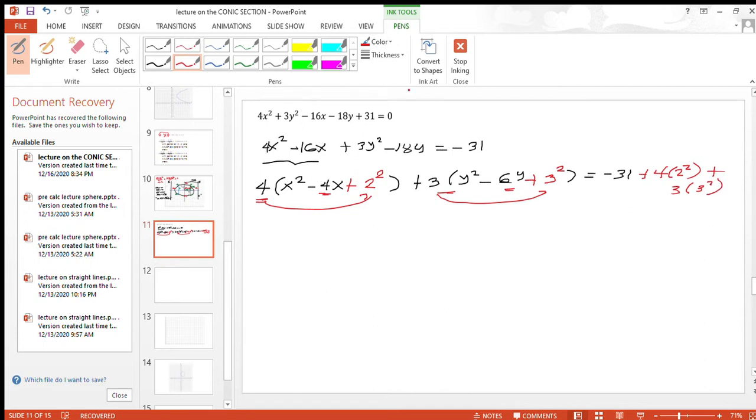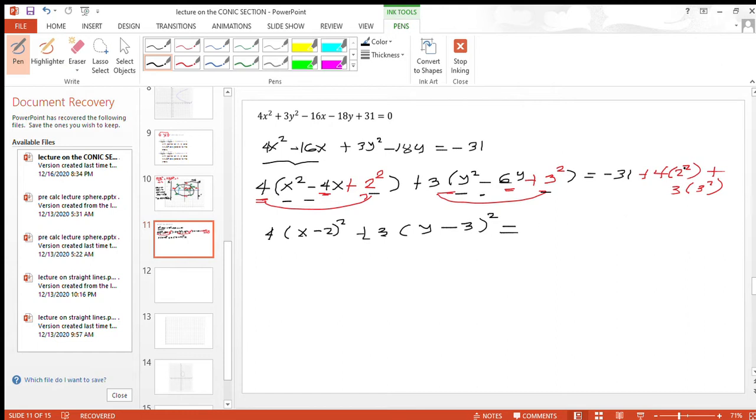Then after completing the squares, we proceed now with factoring. So this will be 4 multiplied by x minus 2, the quantity squared, copy base, copy sign, copy base, everything raised to 2, plus 3, we again factor, copy base, copy sign, copy base, everything raised to 2.